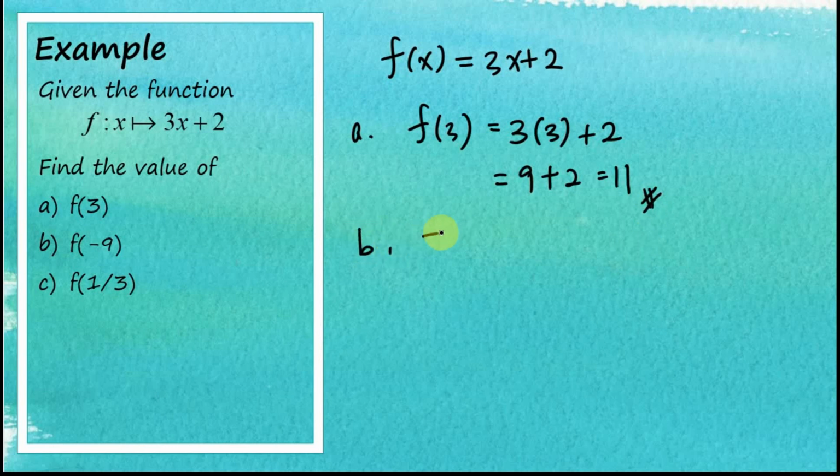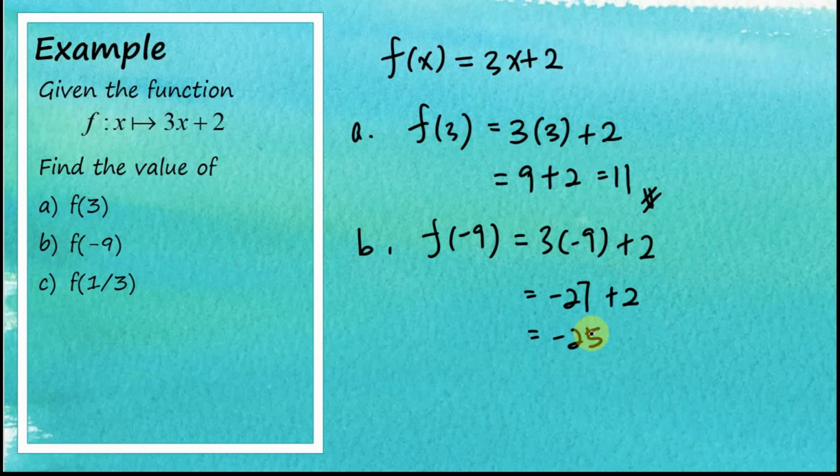B, f of -9. So we substitute x with -9, and then plus 2. So this becomes -27 plus 2 equal to -25.